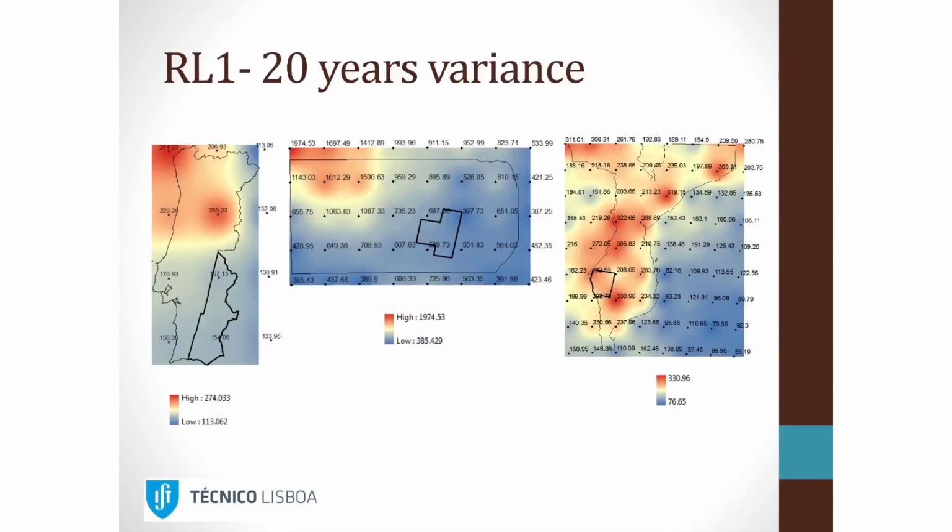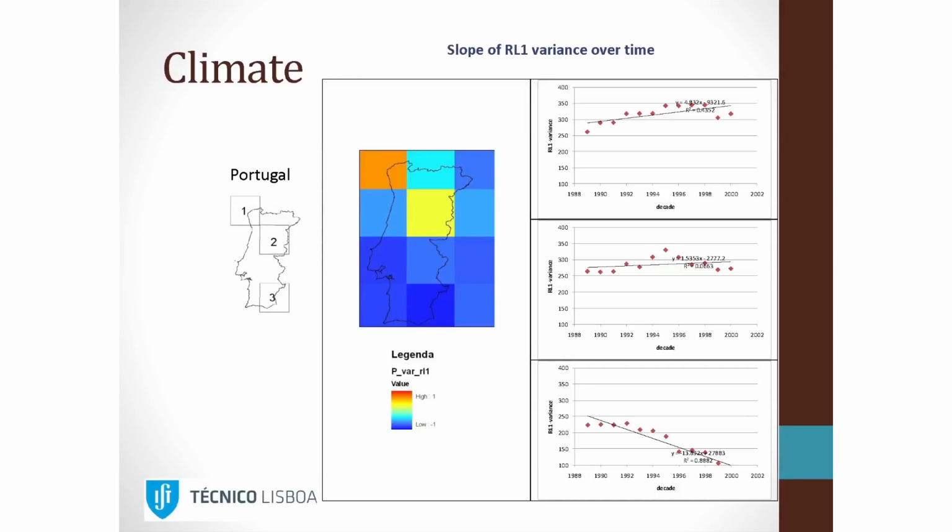We did the same exercise for all three countries: Portugal, Brazil, and Mozambique. We ended up with the conclusion that the mean of the indicator gives us an idea of how dry a certain location is compared to others. So it gives us the relative dryness of the territory.